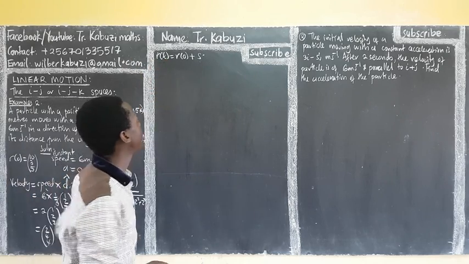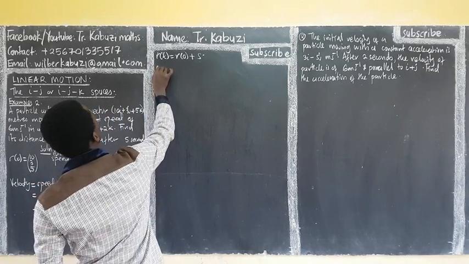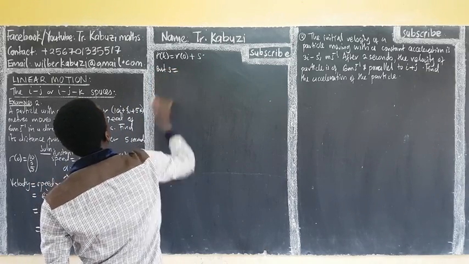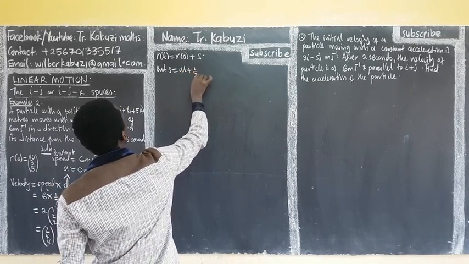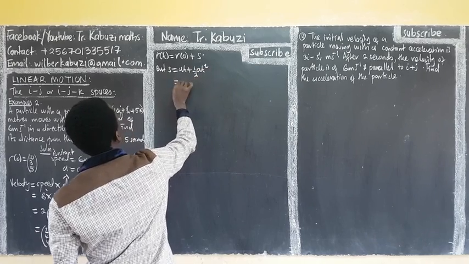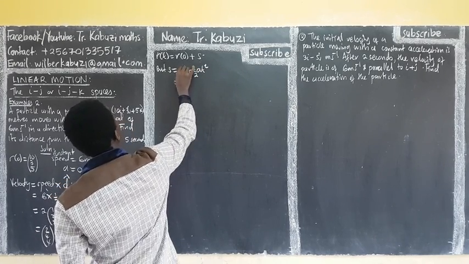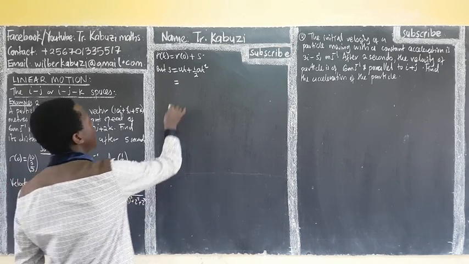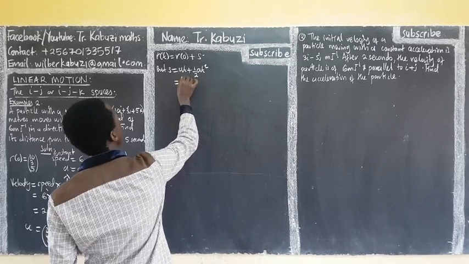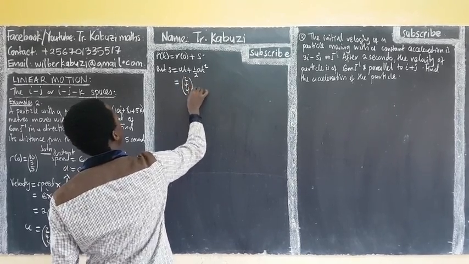So first of all, what is our s? Our s is ut plus a half at squared, which is u, our initial velocity, 2, 4, 4, times t.